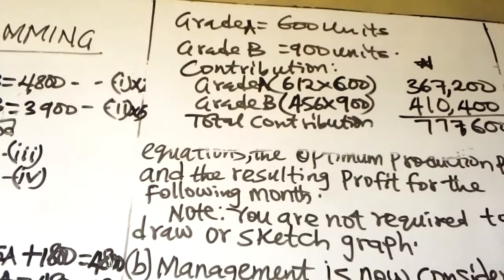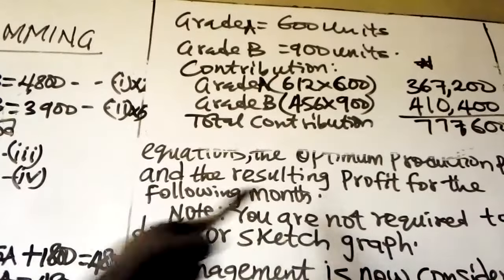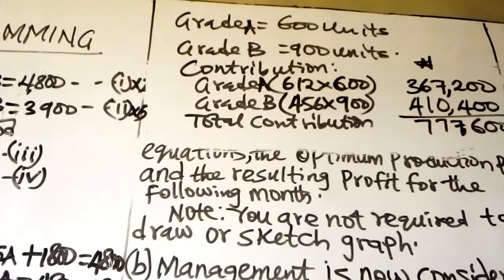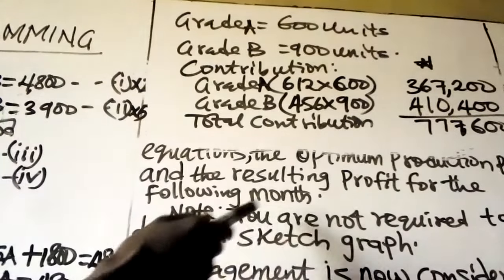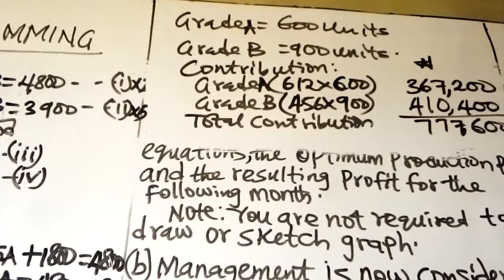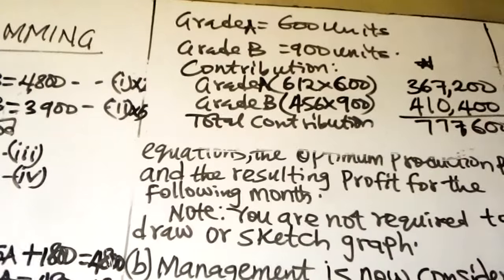You want to determine the profit for the following month. Note, you are not required to draw or sketch a graph. To get our profit, you will need to subtract your fixed cost from our contribution. How much is our fixed cost?